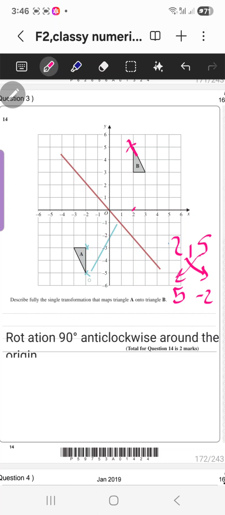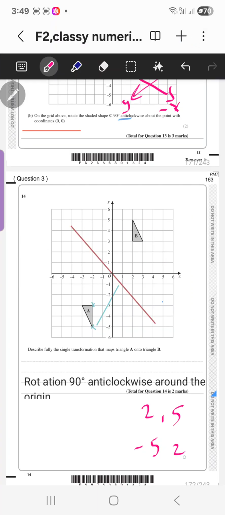If you flip it here, it must be 5 and negative 2. If you draw it around the origin, it must be 5 and negative 2 here. Here it is negative y and negative x.